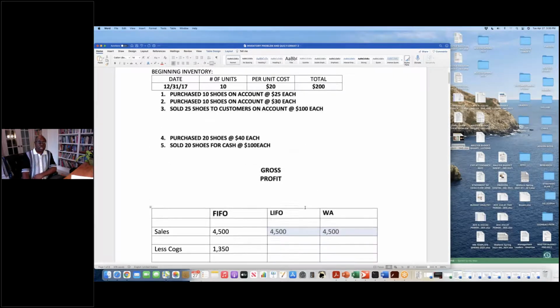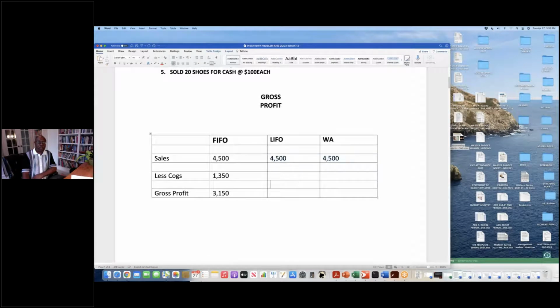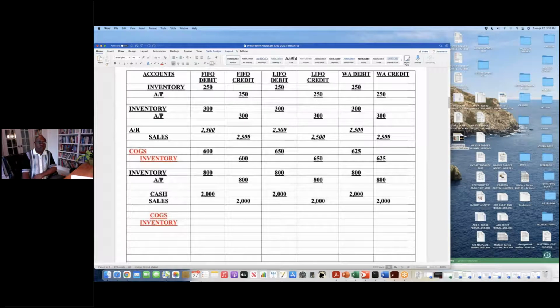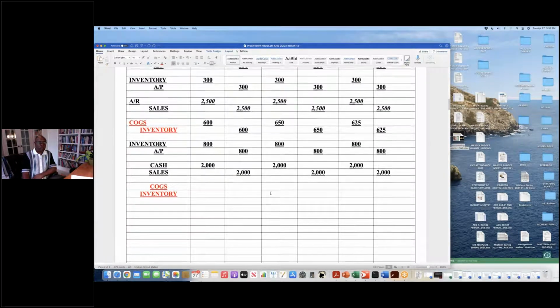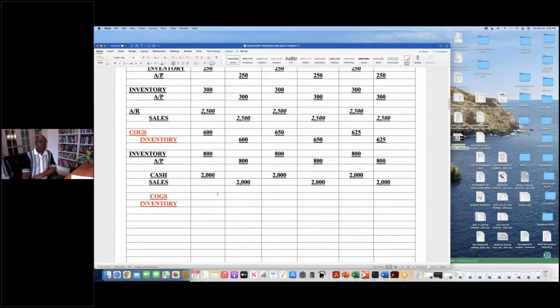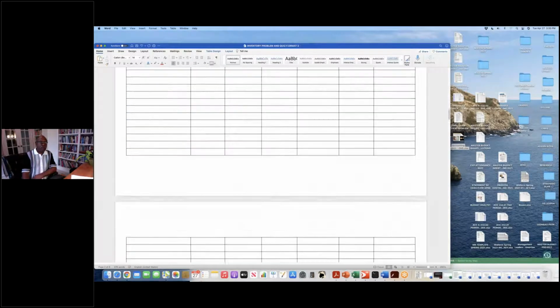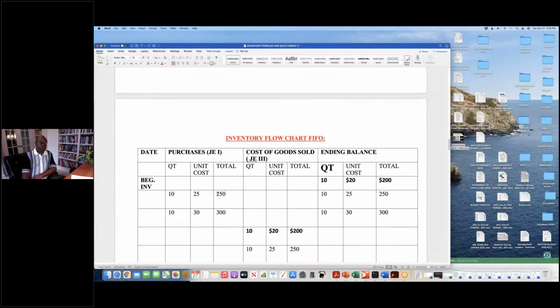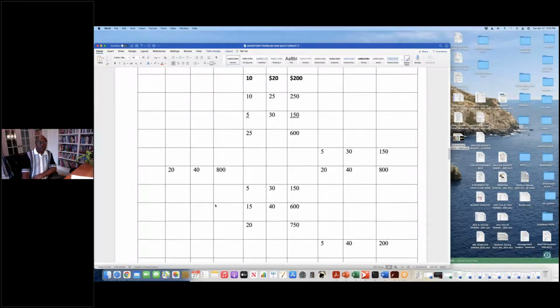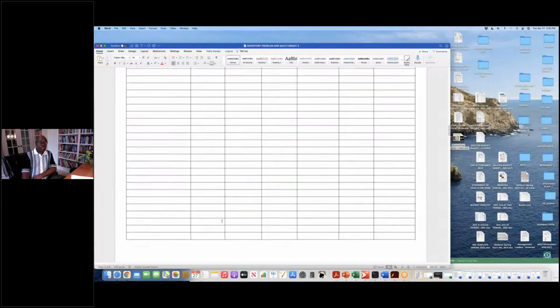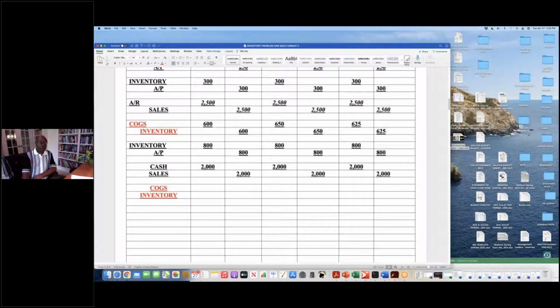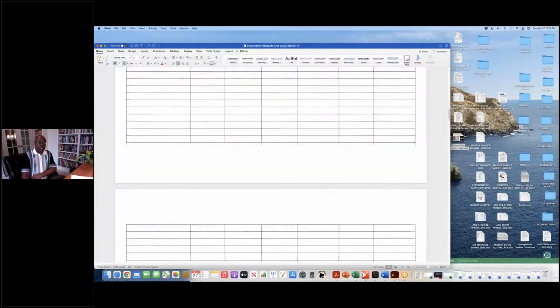Now let's go to LIFO, where all we're trying to do, what was our number here for COGS? 750. So we're trying to see what's the change in COGS now if we go to LIFO. So let's see if we can do that.